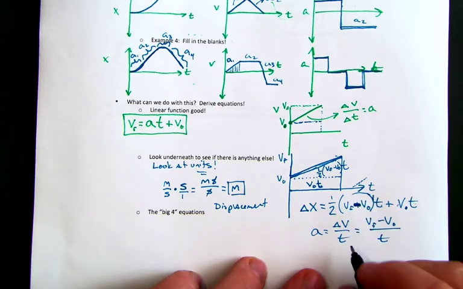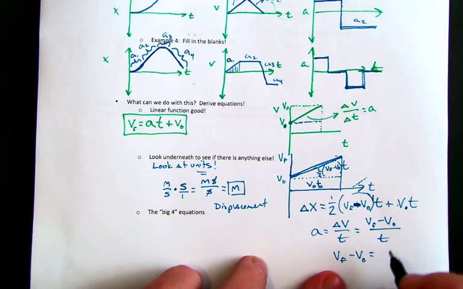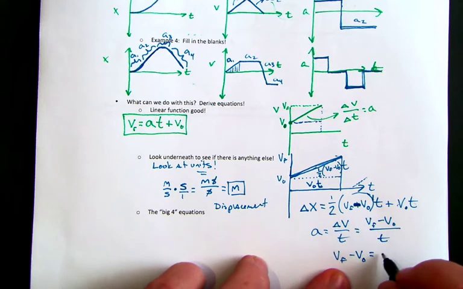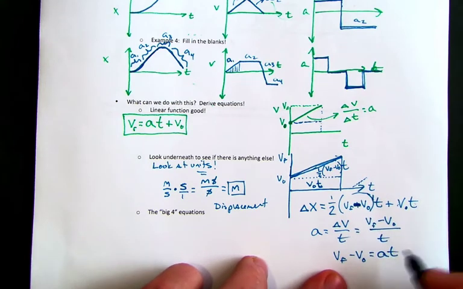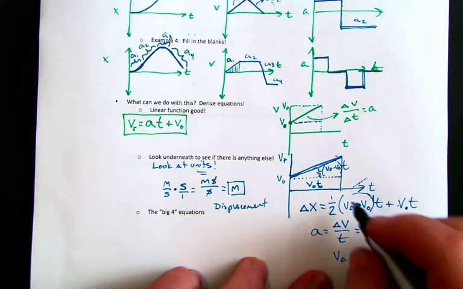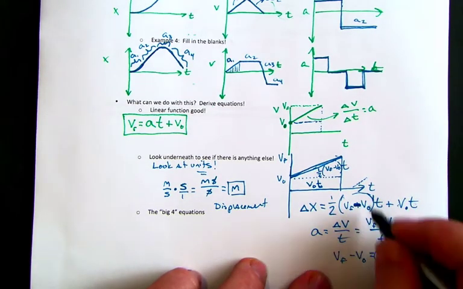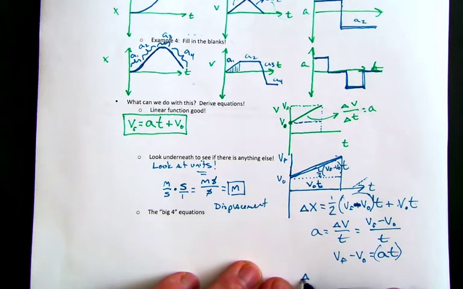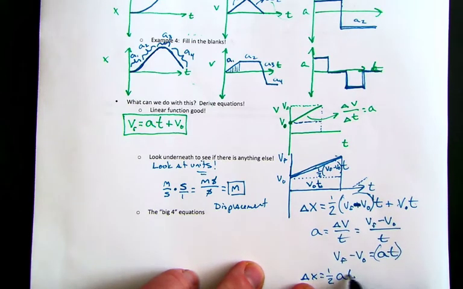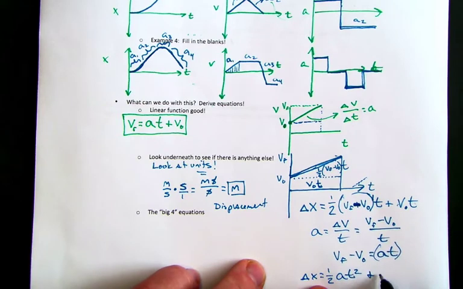VF minus V naught equals, move this t over, a times t. If I plug that in up here for the same thing, I get delta x equals 1/2 a t squared plus V naught t.